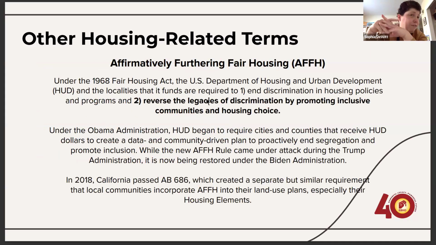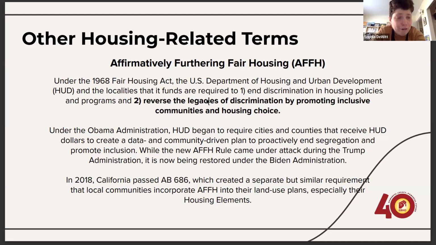All right, so affirmatively furthering fair housing, you heard Jeff speak to this in the first section. And this is the idea that cities, counties, and jurisdictions don't just have to promise not to discriminate anymore.